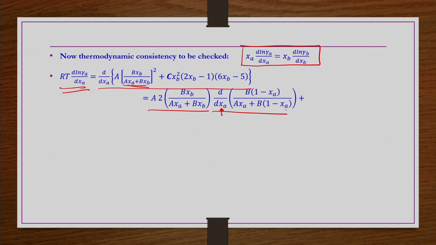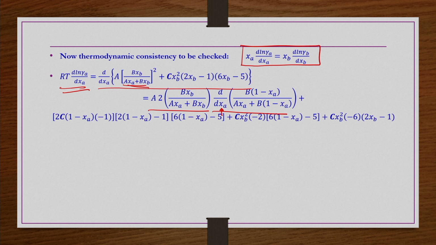That is the reason all the xb terms I am writing as 1 minus Xa, plus C, and then differentiation of this xb square term is nothing but 2 xb into minus 1. So, 2 times 1 minus Xa multiplied by minus 1, and then the remaining 2 terms are as it is, but I am writing 1 minus Xa in place of xb.